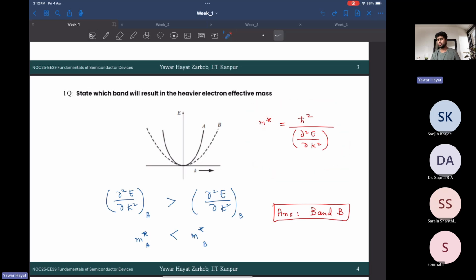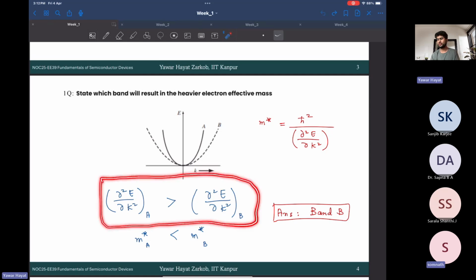So d²E by dK², for this curvature, which among these two curves has more curvature? I mean, which has a sharper curvature? It's curve A. Do you agree? Yes, sir.